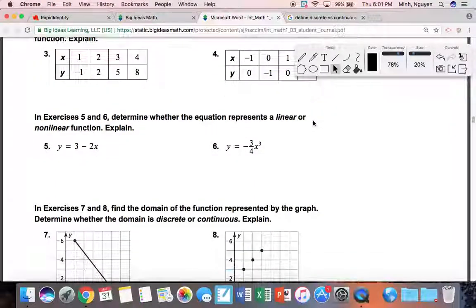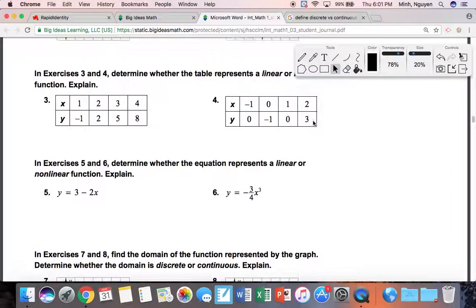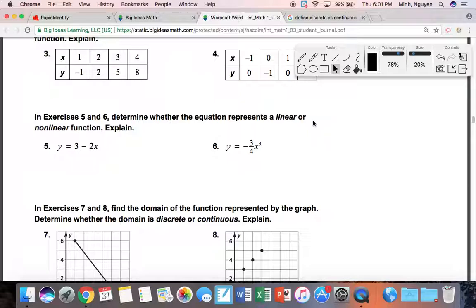Okay. Here, there's a number of ways to do this. I will choose to make some ordered pairs. So if you plug in some numbers, for instance 0, 0 represents x, so 2 times 0 is 0, 3 minus 0 is 3. Let's see here, 1: 3 minus 2 times 1 is 1.